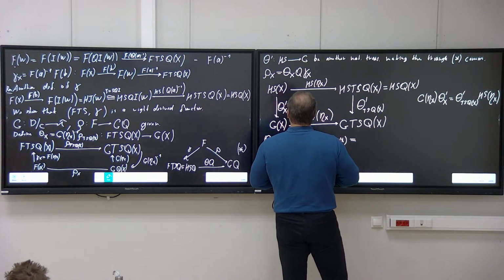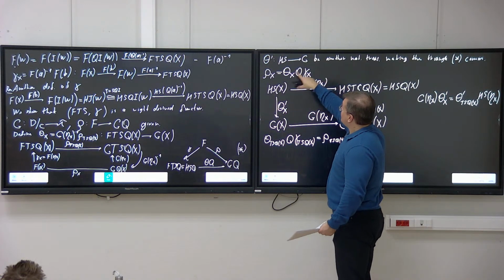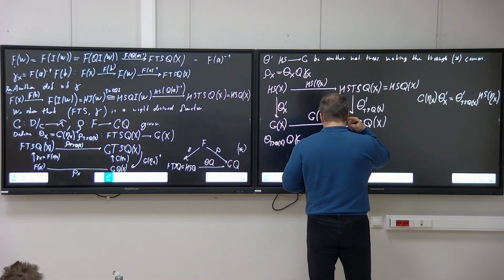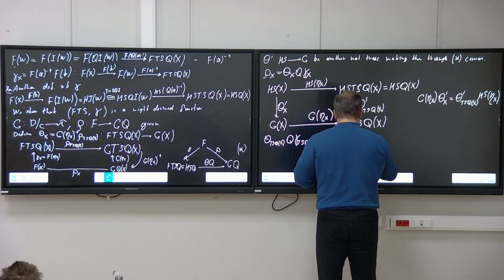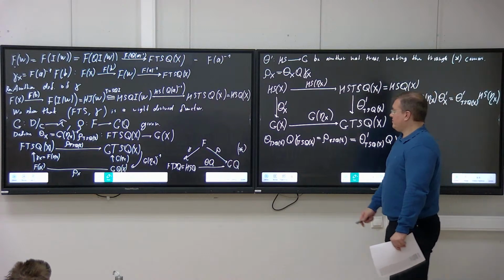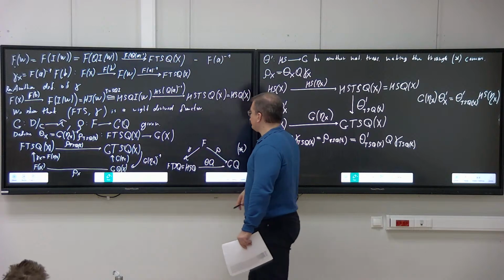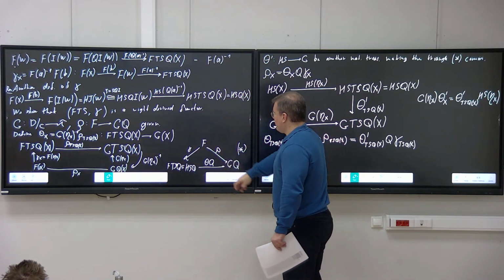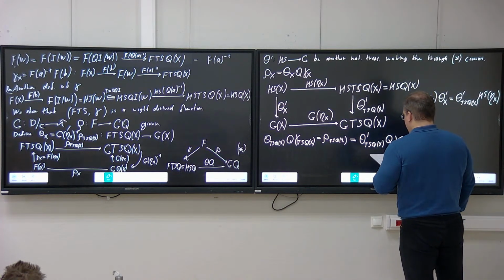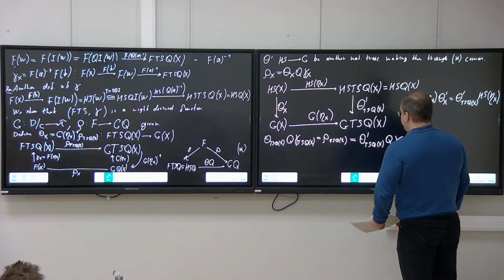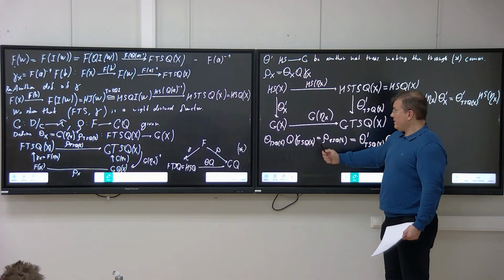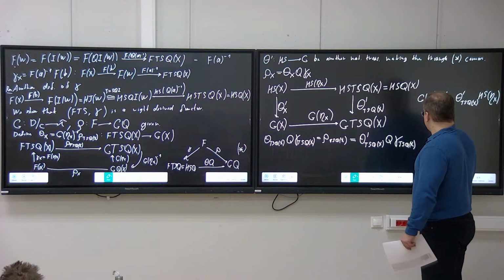Now I can use this formula with the rho theta q and gamma x but for the different object again. So I can write this as the theta prime T S Q of x. These are two computations that we've done before, the commutativity of the square and the commutativity of the triangle, but for the theta prime. Now I claim that when you compute this not on any object, but on the object T S Q of x, this component gamma is actually an isomorphism.